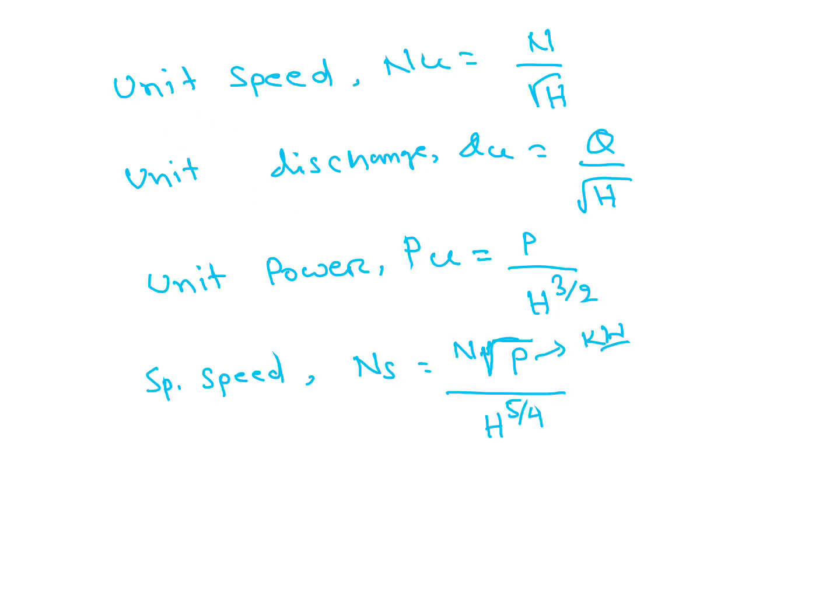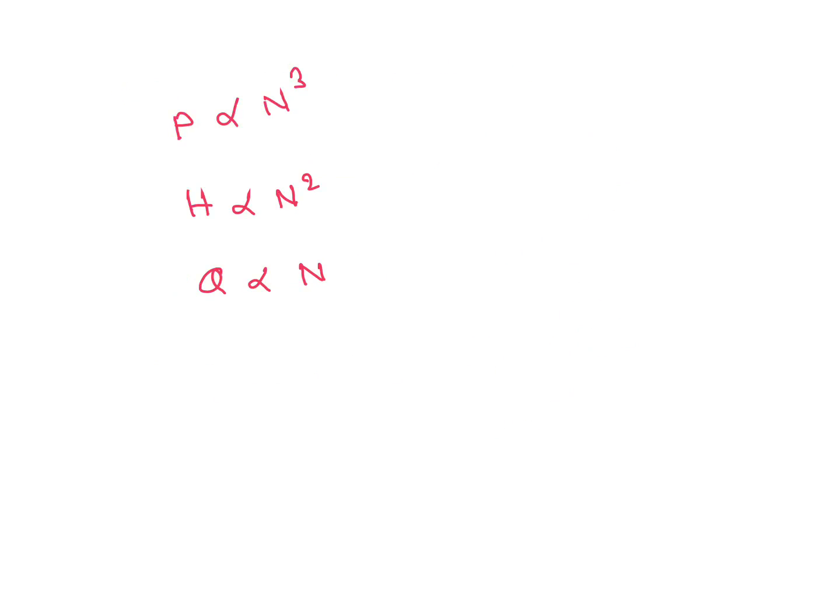For model laws, discharge is proportional to N, head is proportional to N square, and power is proportional to NQ. One more thing is important here: discharge is proportional to D cube, head is proportional to D square, and power is proportional to D to the power 5.